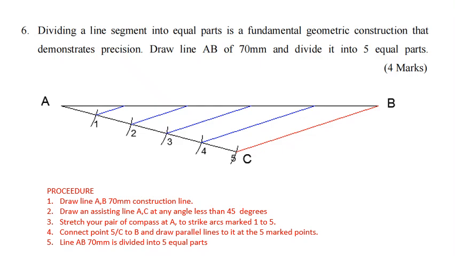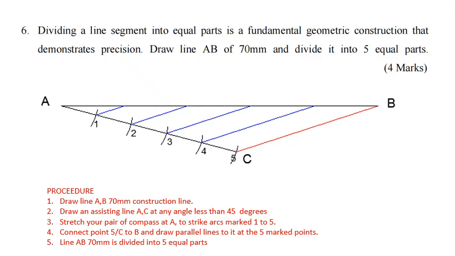So just have a reasonable stretch like we can see on the diagram, and strike 1, 2, 3, 4, and 5 because we are dividing the line into 5 equal parts. So on the fifth point here, you connect C to B. You can see that is done in red so that we maintain the parallelism between this line and these other lines.